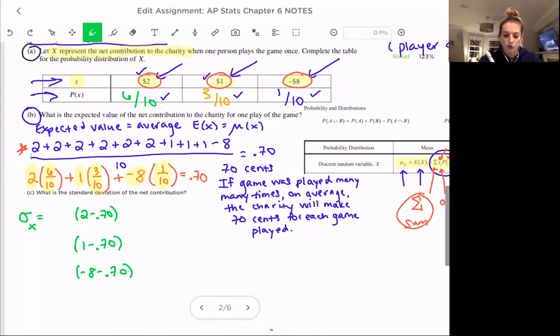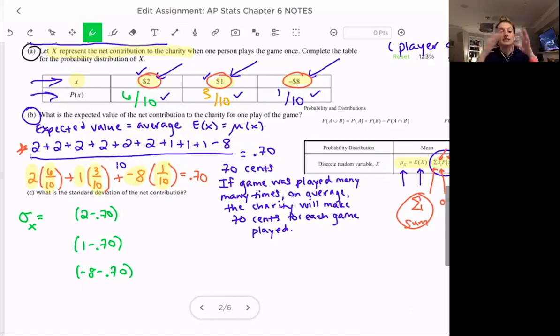And we said an issue when you're finding deviations is that deviations can be positive or negative. So these outcomes can fall above the mean, like in the case of $2 and $1, or they can fall below the mean in the case of -$8. And that becomes problematic because when we sum all of these things up to get the standard deviation, those positives and those negatives start to cancel each other out. So we said, well, okay, there are 2 ways that we could handle that.